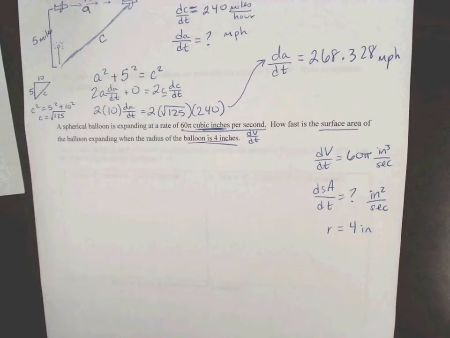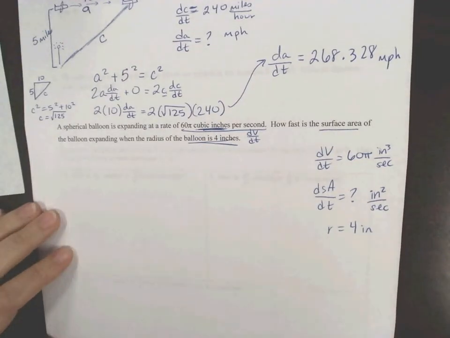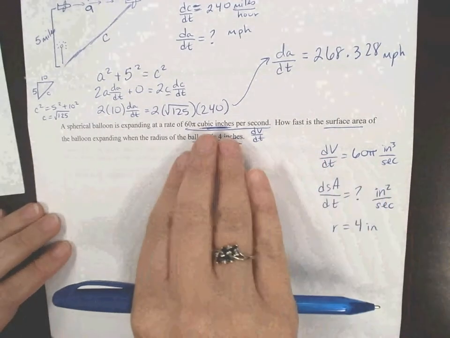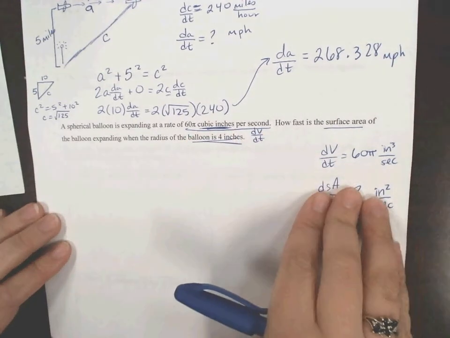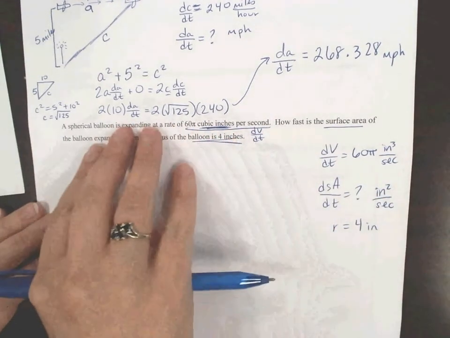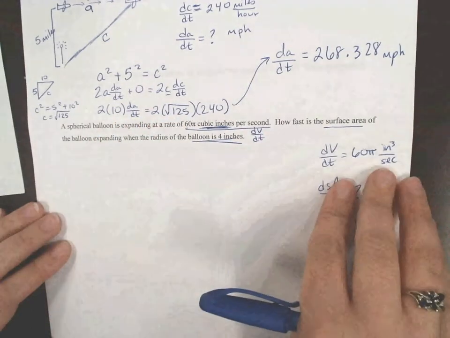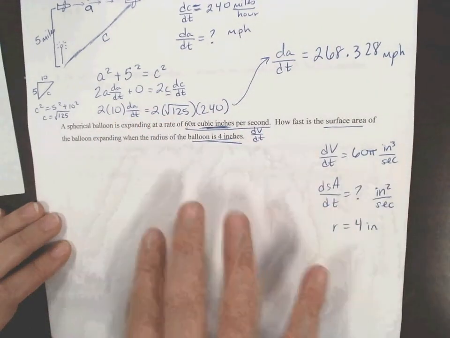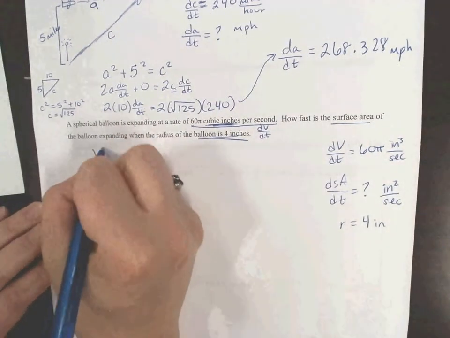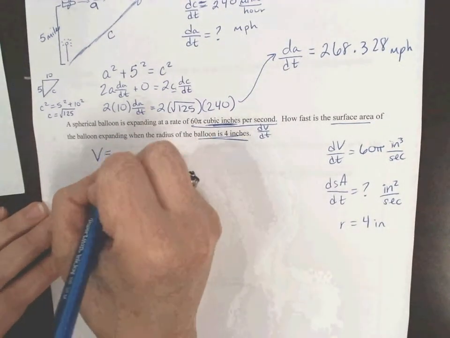So this is a fun problem because we are talking about volume and area at the same time here. We don't have a formula that relates the volume and surface area together. But what we do have is we can find the volume of a sphere and we can find the surface area of the sphere, and they involve the same units. So let's look at that now.